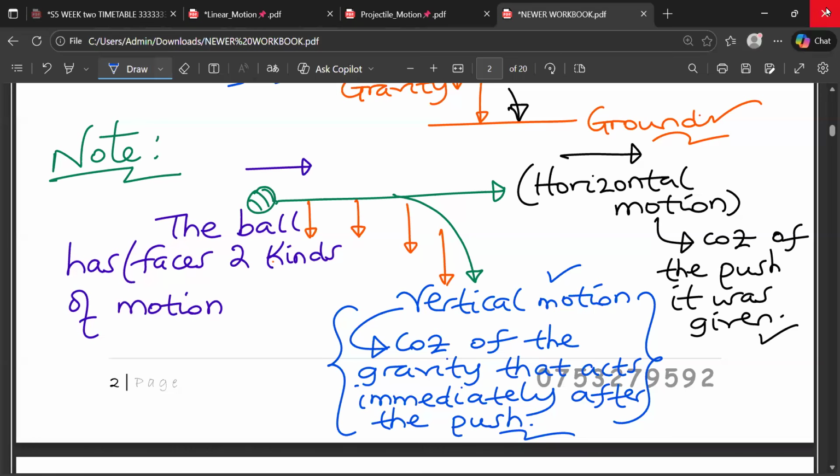You need to understand those two. I want you to follow slowly. So it has two kinds of motion. It has the vertical one, and it's also having the horizontal one.